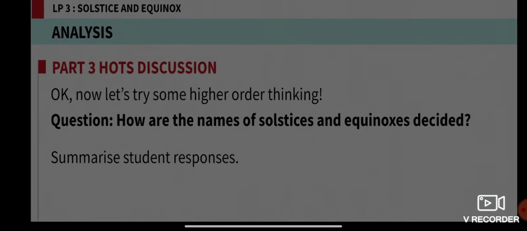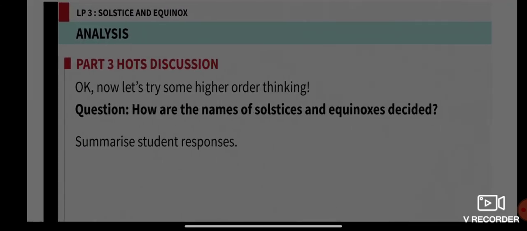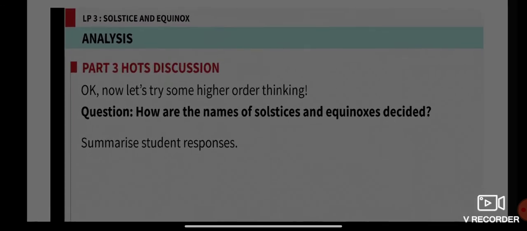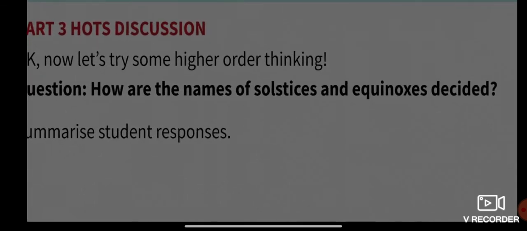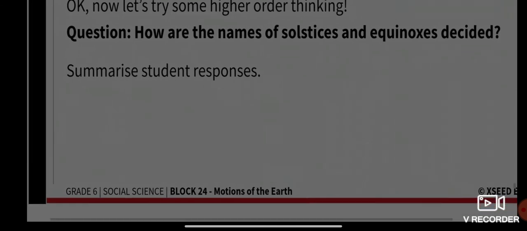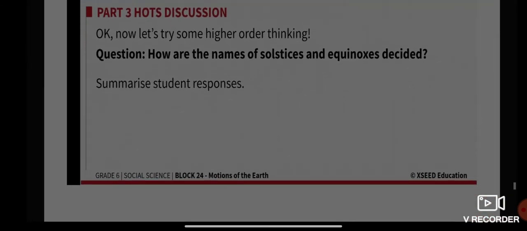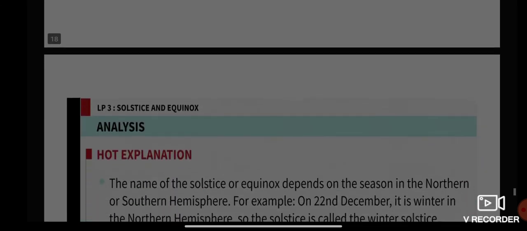Last question. How are the names of solstice and equinox decided? According to you, how was the name of the solstice and equinox decided?